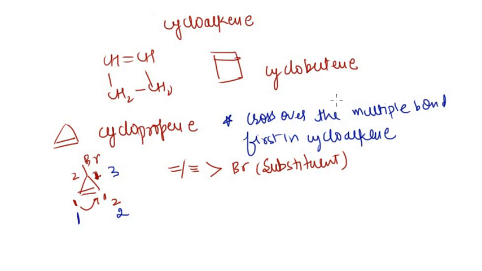Obviously most of the cases it will be only double bond, because triple bond needs an angle of 120 degree, which is very difficult for it.